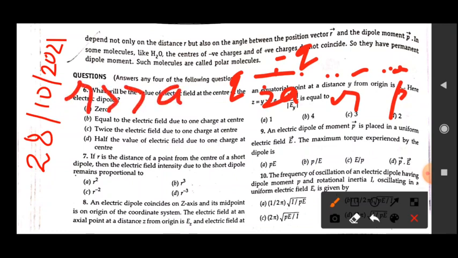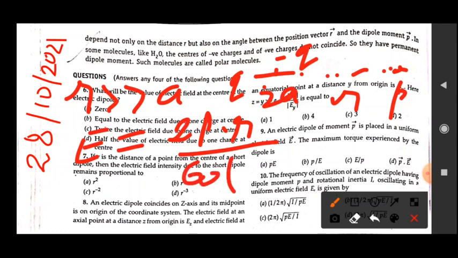The electric field at the axial point is obtained as 2pr upon 4 pi epsilon 0 into (r square minus a square) whole square, sorry, square here, not 3 by 2. And 4 pi epsilon 0 is as it is.